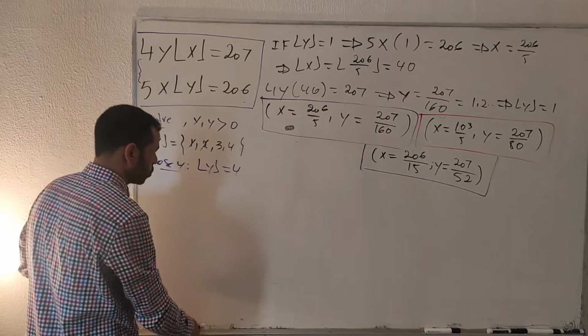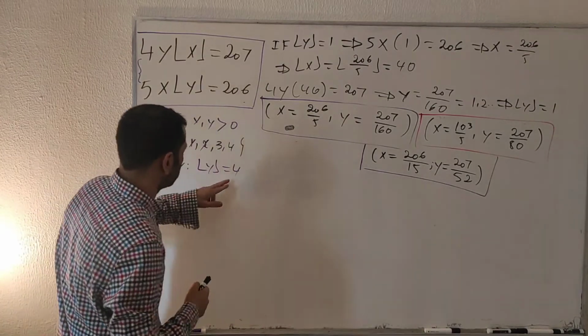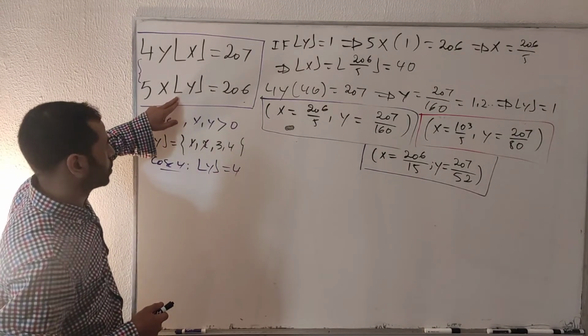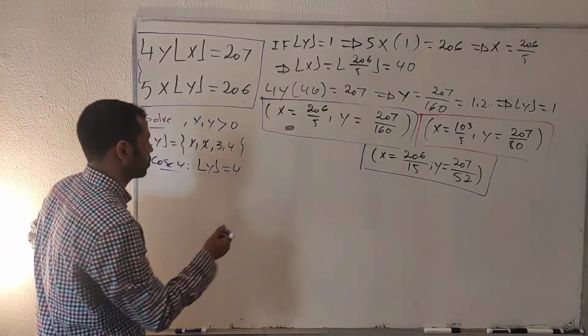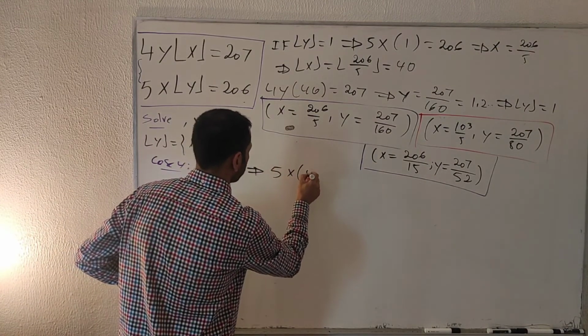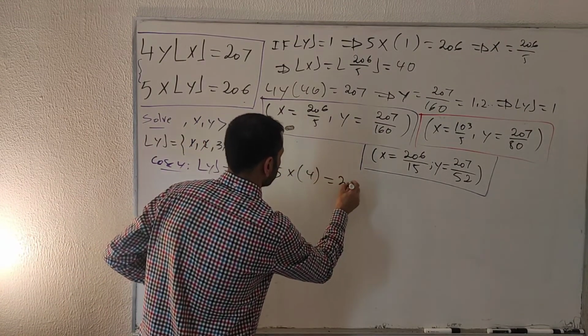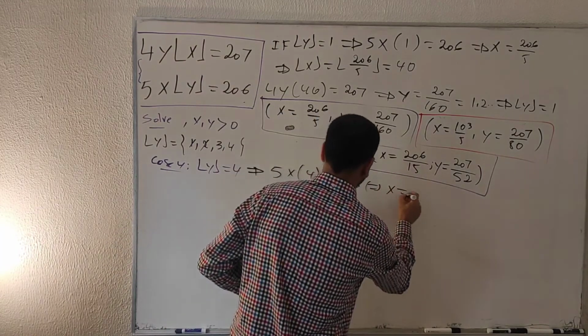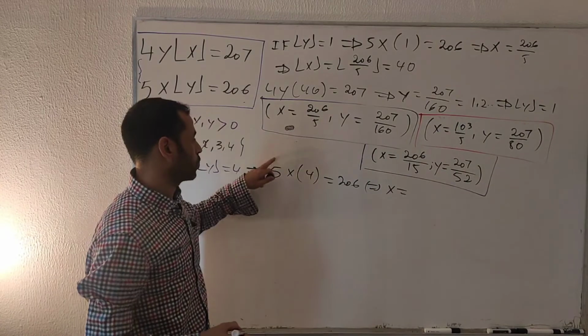Okay, I'm going to check this one. I'm simply going to take this value of the floor and insert it into the second equation to find x. So I get 5x multiplied by 4 equals 206. So x equals 206 over 20, because 5 multiplied by 4 is 20.